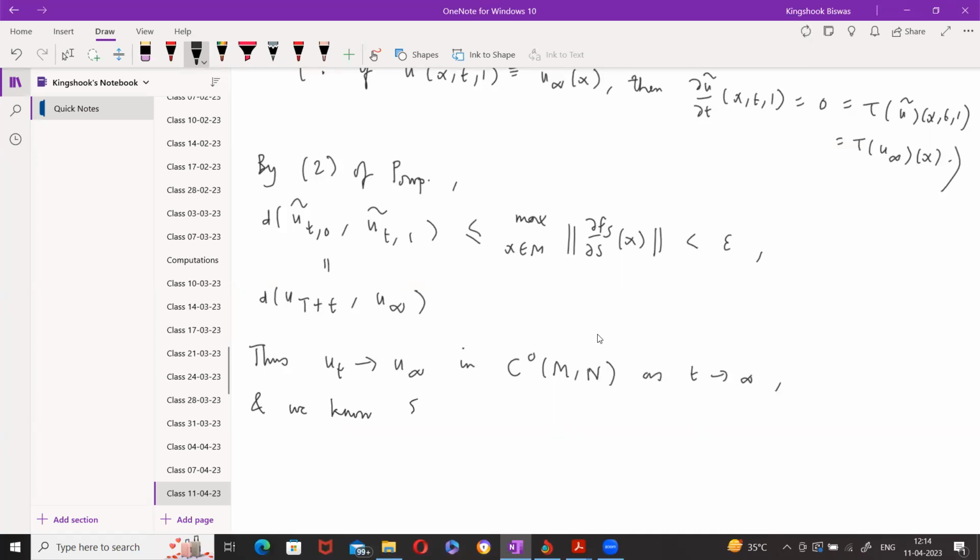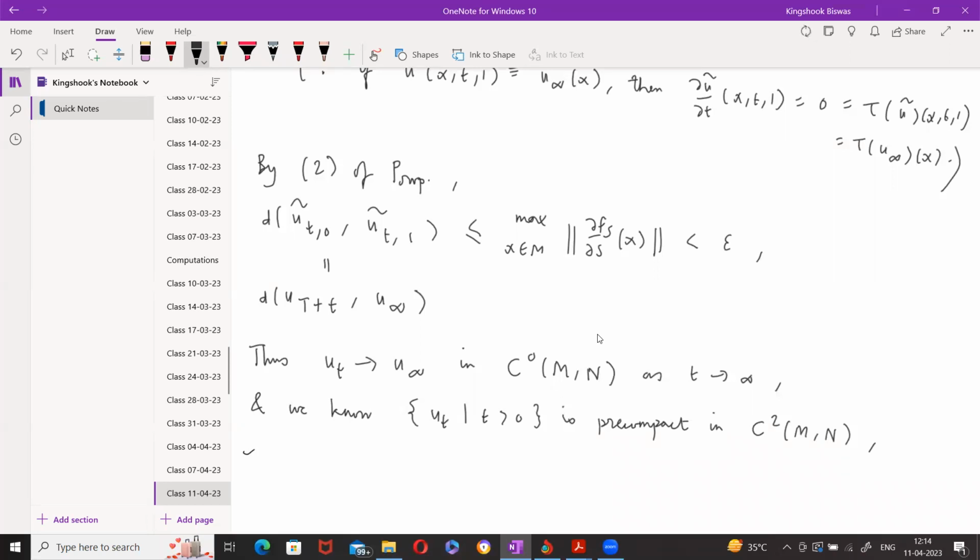Well, we know that the family u_t is pre-compact in C2 of M, right? Yes, because the C2 plus alpha norms are uniformly bounded for all time.